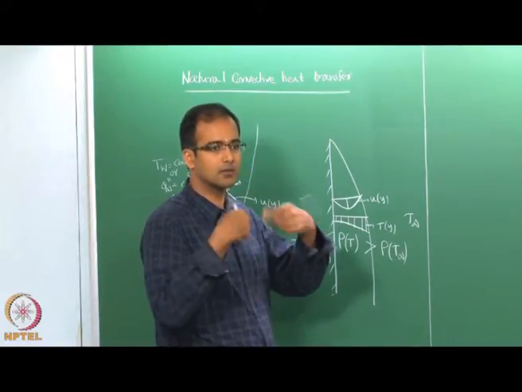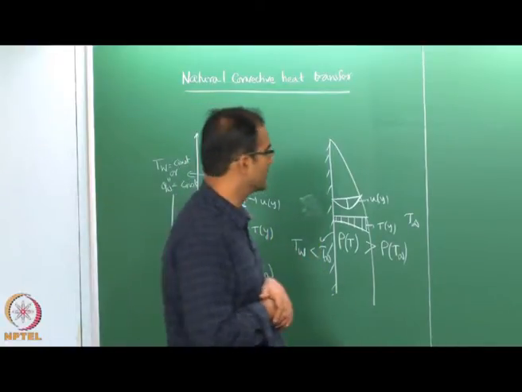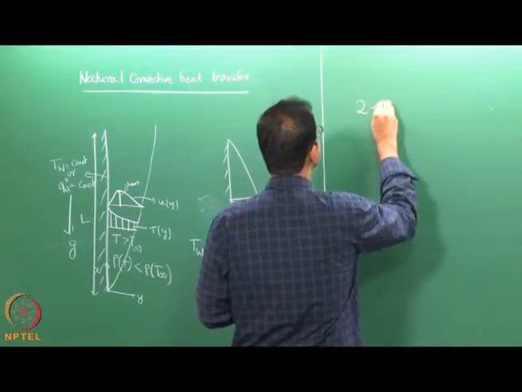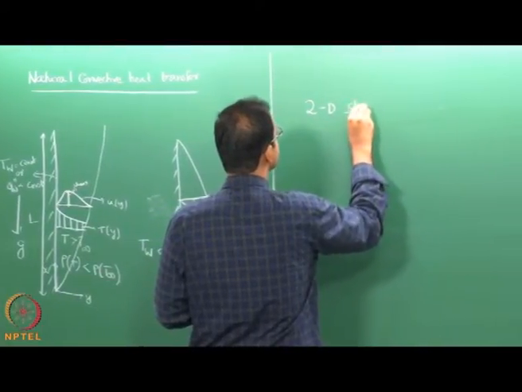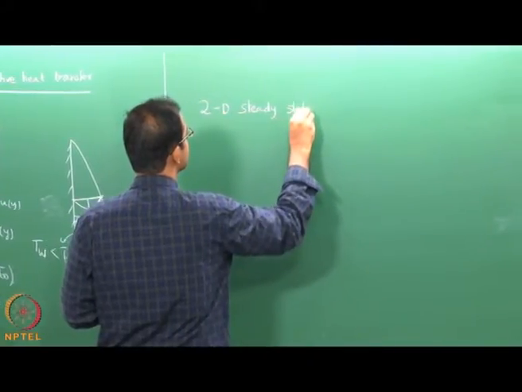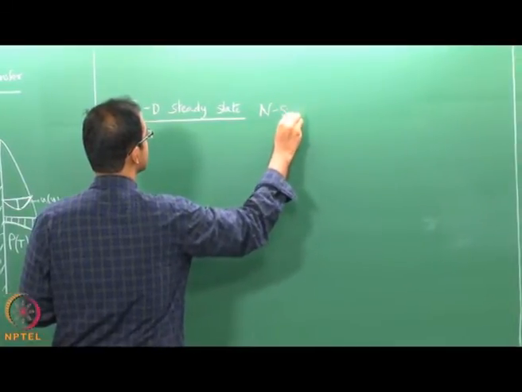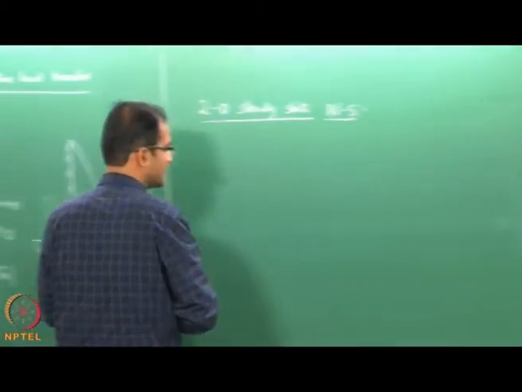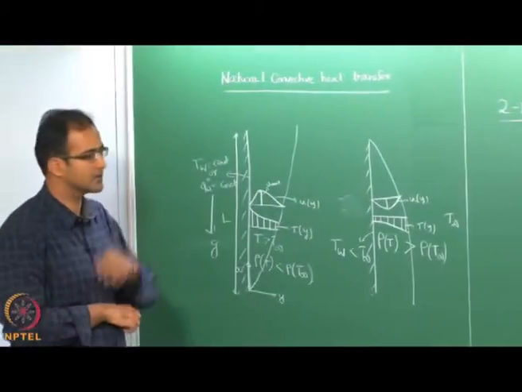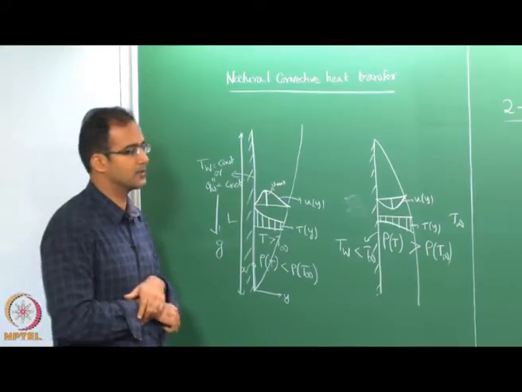But before we go to the boundary layer equation, let us first write down the 2 dimensional, steady state Navier-Stokes equations for the natural convective boundary layer past a vertical flat plate. So, how will the continuity equation look?